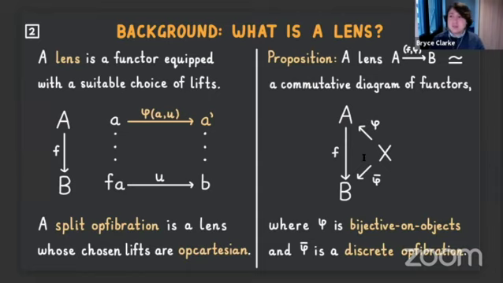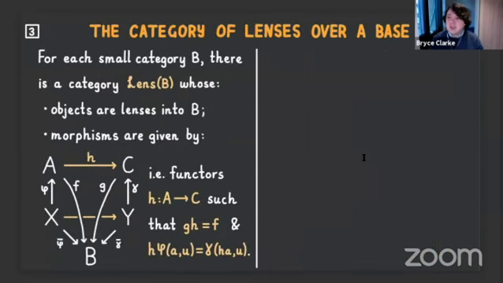Okay, so that's what lenses are, and I want to tell you about characterizing categories of lenses. So I should tell you what the categories are. For each small category B, there is some category which I'm calling Lens of B, whose objects are lenses into B, like we just saw before, and whose morphisms are given by commutative diagrams of this form. So the morphisms are a pair of functors in orange, making everything commute.